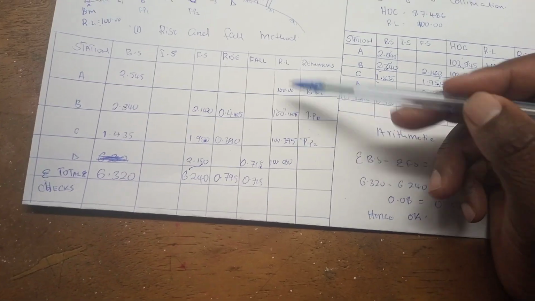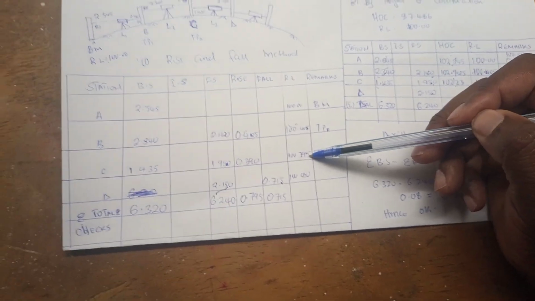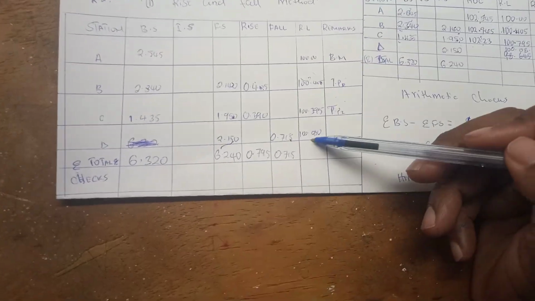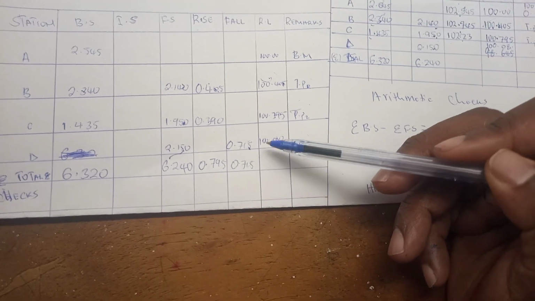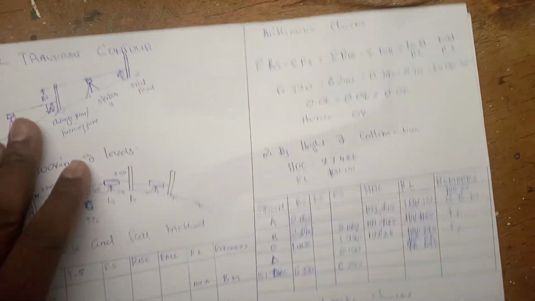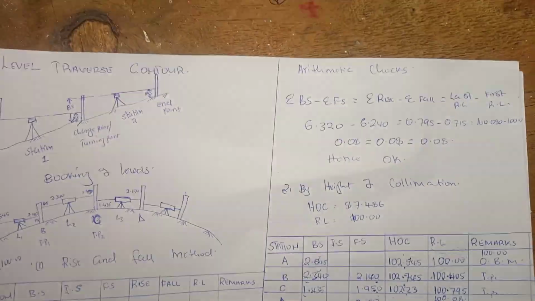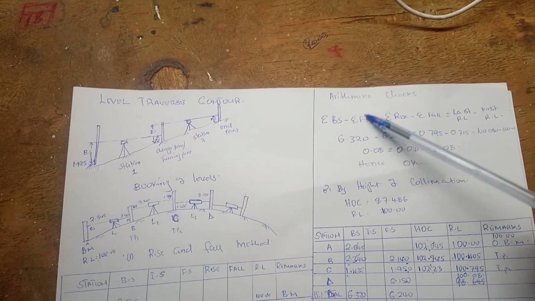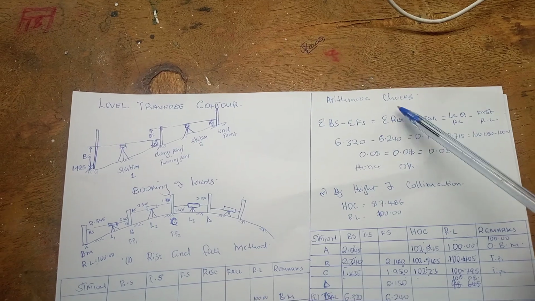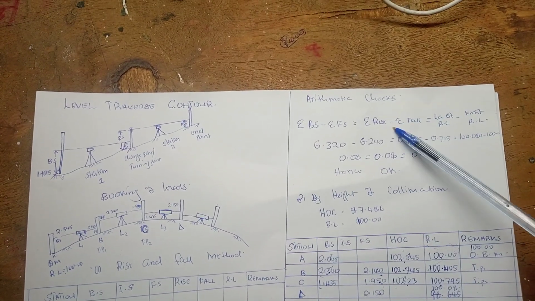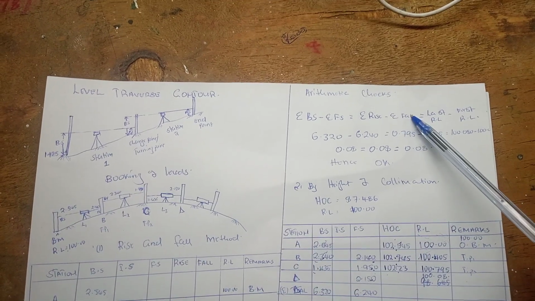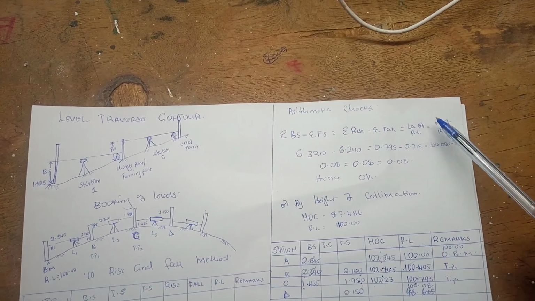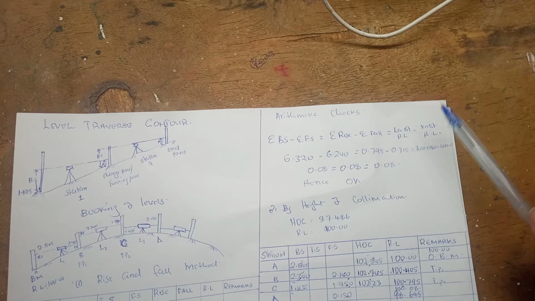So from the reduced level at point C, I subtract the fall value at point D to get my reduced level at point D. After that, you do what we call the arithmetic check, where the summation of backsight minus the summation of foresight should be equal to the summation of rise minus the summation of fall, which should also be equal to the last reduced level minus the first reduced level.